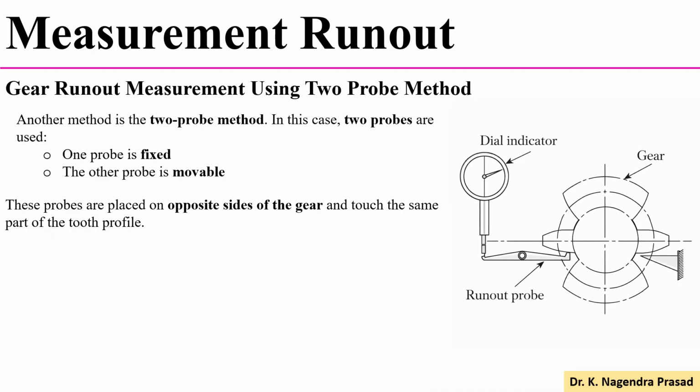So next we have to discuss gear runout measurement using the two probe method. It is another method. In this case, two probes are used, one probe is fixed and another probe is movable. So in the schematic you have to observe here, we are using two probes.